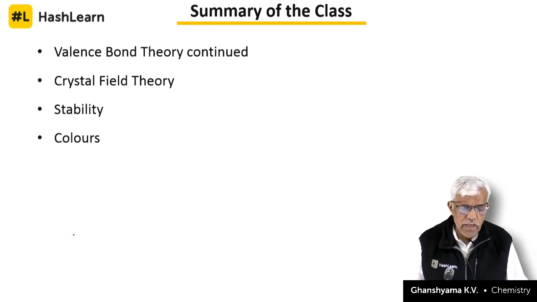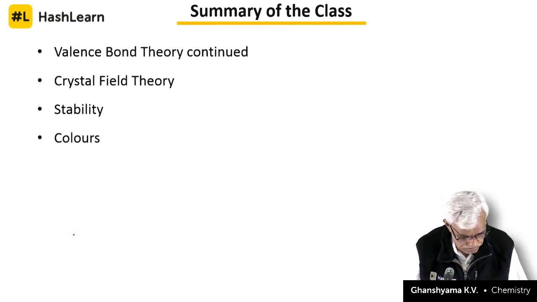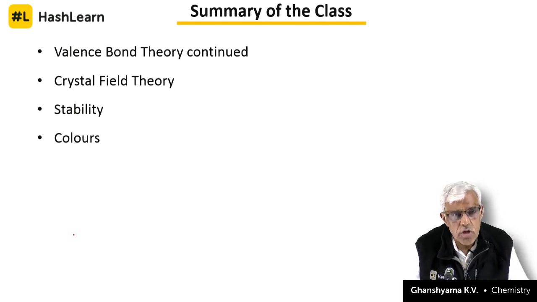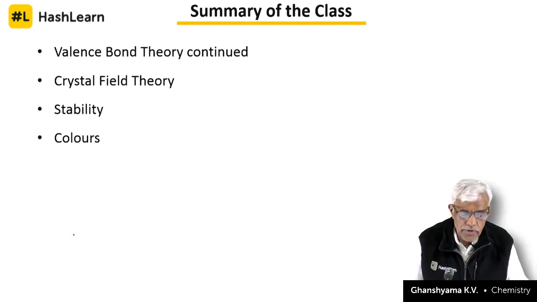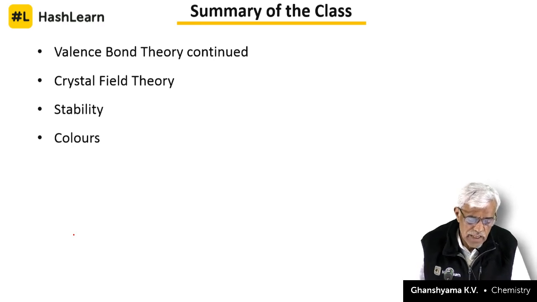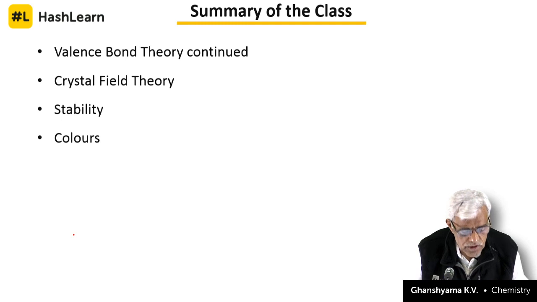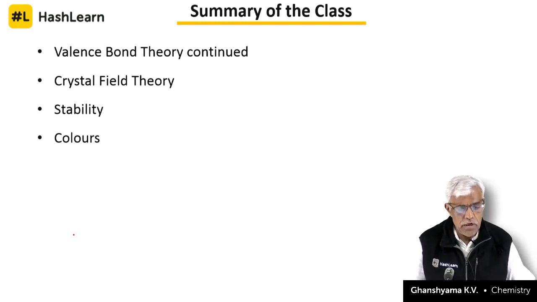After that, we came to the ligands, different types of ligands, classification of ligands. Then came Werner's theory of coordination compounds. After that, classification of the complexes into cationic complexes, anionic complexes, neutral complexes, etc., and their examples.